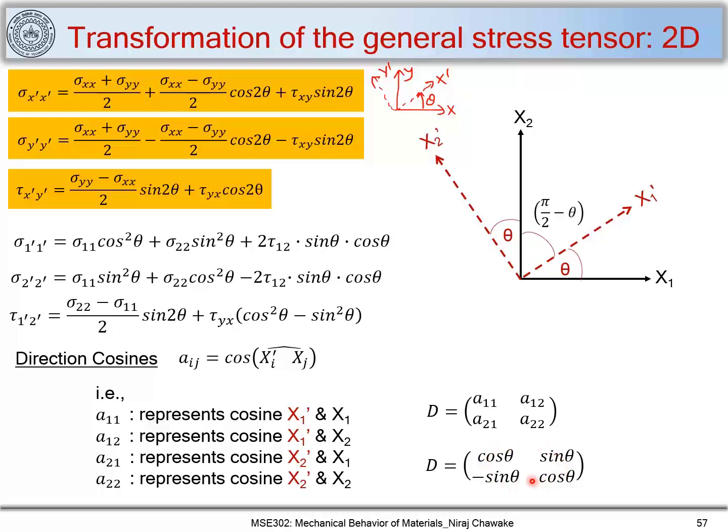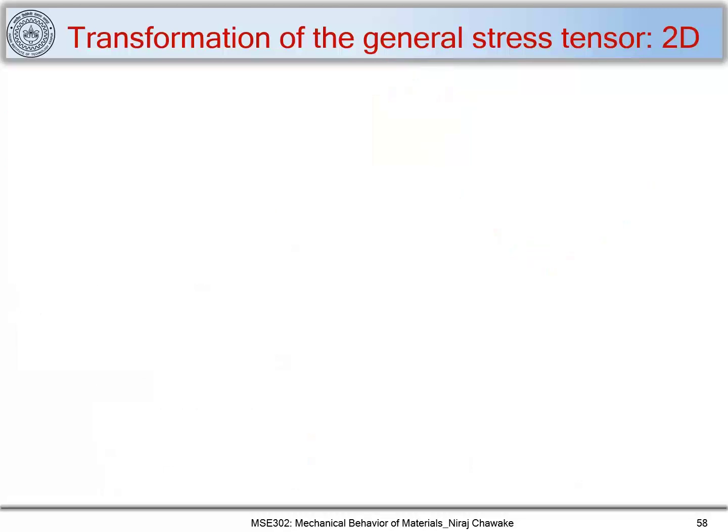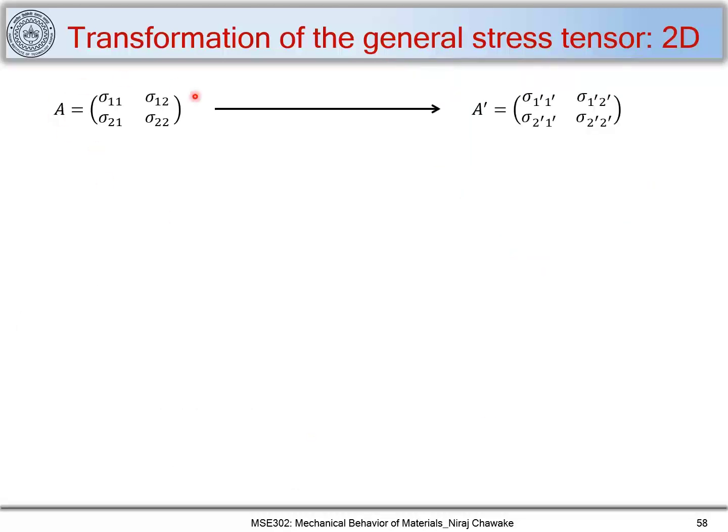Now, as I mentioned, there is an elegant way of finding sigma 11 dash, sigma 22 dash, tau 12 dash in terms of direction cosines. So let's do that. I have my stress matrix, which I have been given, and there is some rotation by which I get the stress state in the other coordinate axis. I call it A dash.